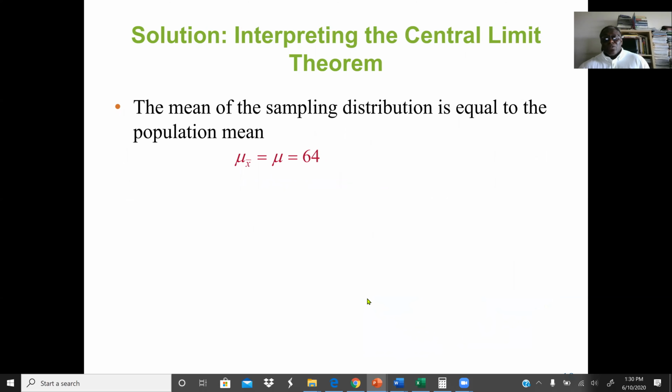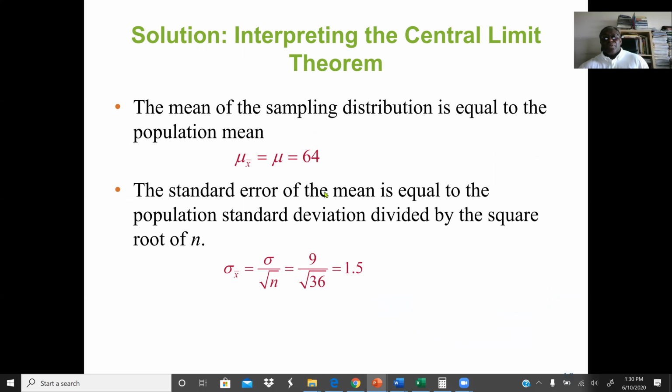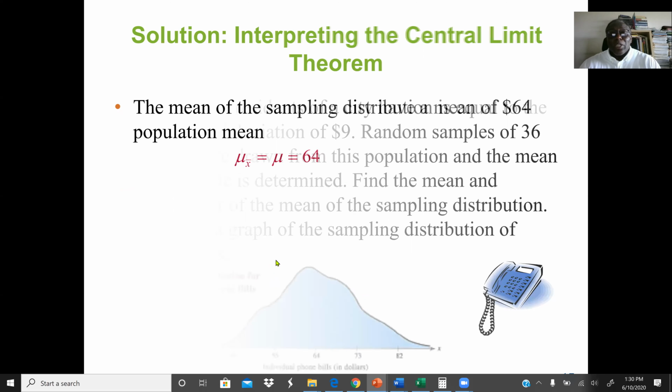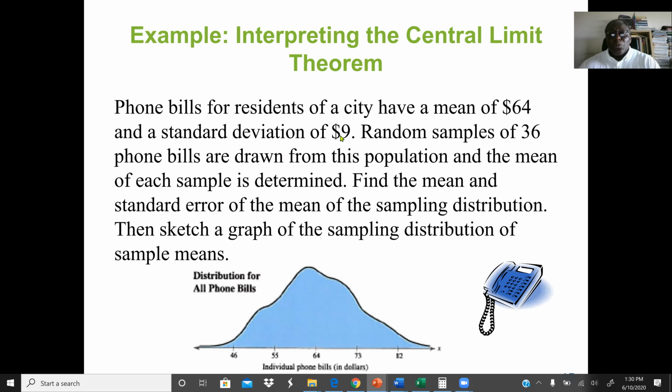So first, we know the first theorem. The mean of the population is the same as the mean of the sample means. So 64. Then the standard error, meaning the standard deviation of the sample mean, is equal to the standard deviation of the population divided by the square root of the sample size. We know the standard deviation of the population, when we look at the question, is given to be 9.